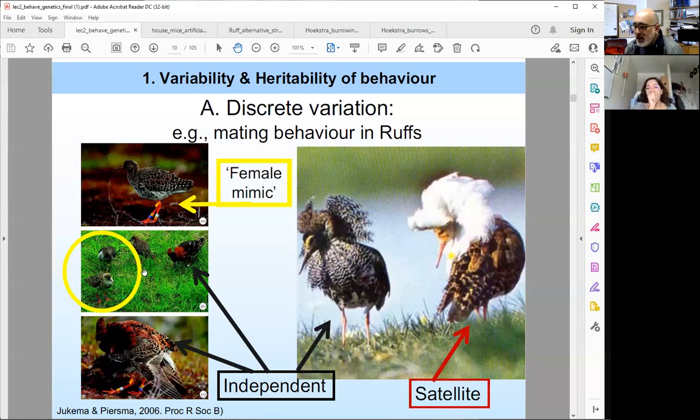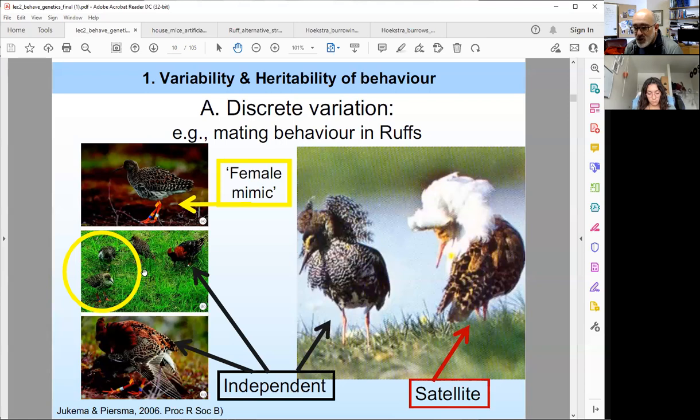This is a male that can basically wander around and doesn't get harassed by other males, who may be trying to suppress the success of any rivals. This male can sidle up to females and mate with them without incurring any of the costs associated with fighting with other males.